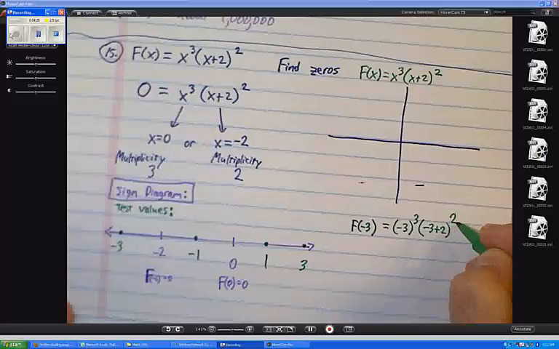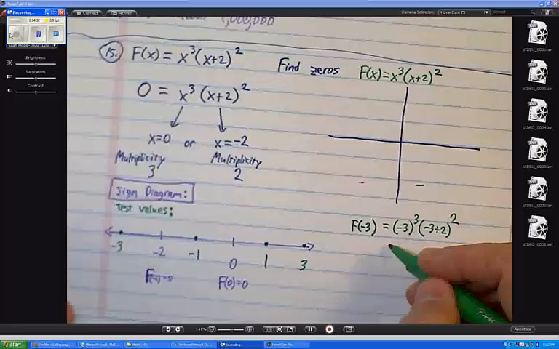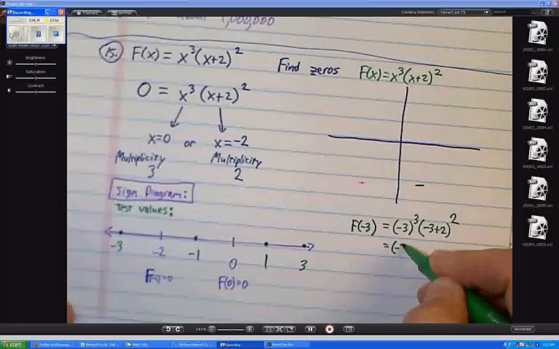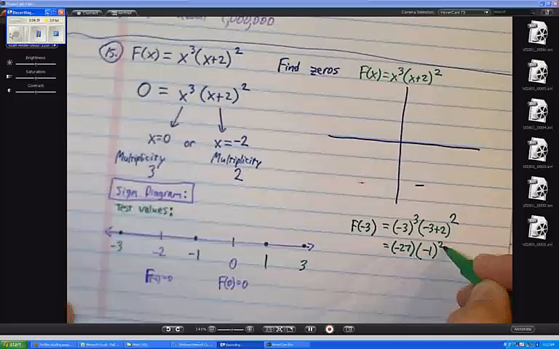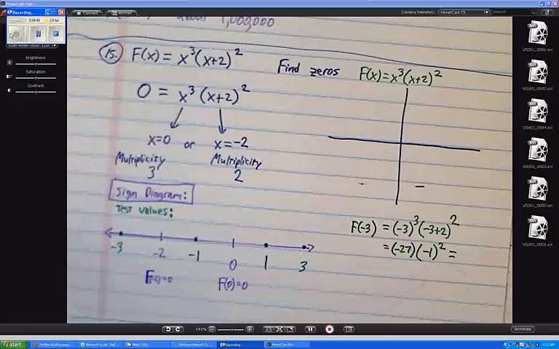Are you with me so far? So it's -27 times (-1) squared. Are you with me? Now, I could keep going. But what I really care about is if it's positive or negative. So you know what I'm going to do?